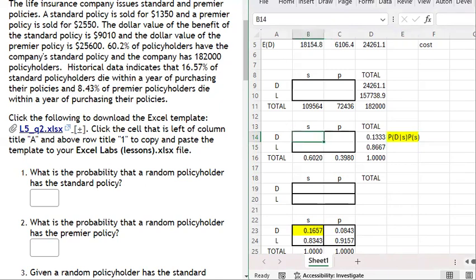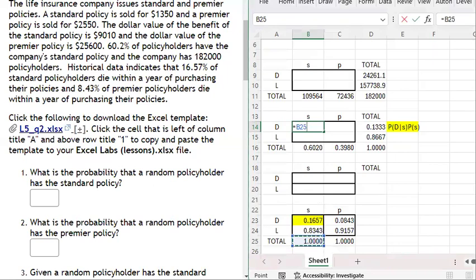So let's go ahead and calculate that. This is the probability of D given S, because in the column here, we're holding S constant, right? So that's the probability of D given S. We're going to multiply that by the probability of S, which is right here, right? And we get 0.0998, right? I'm going to get rid of the yellow.